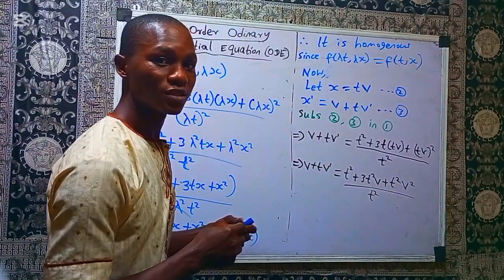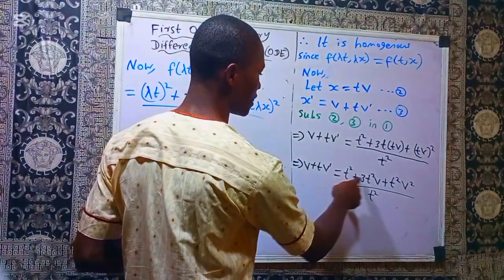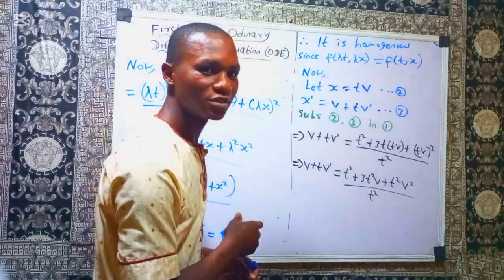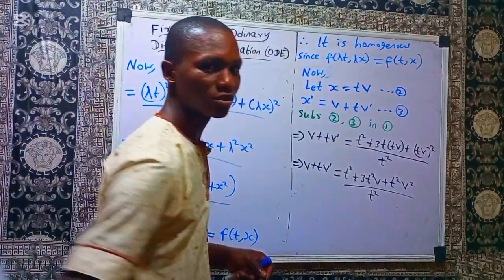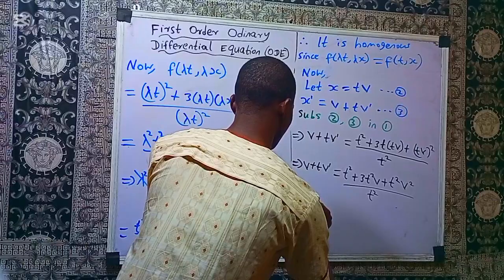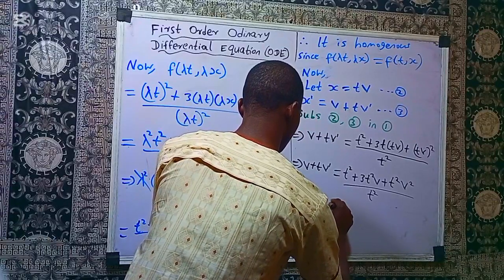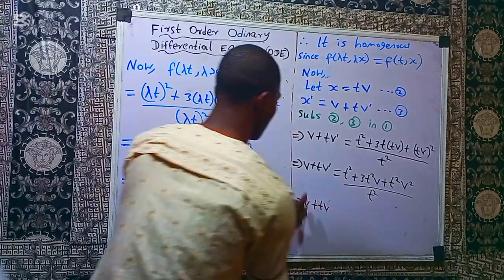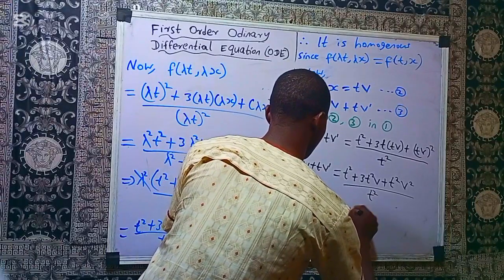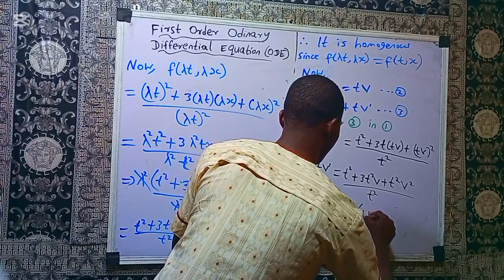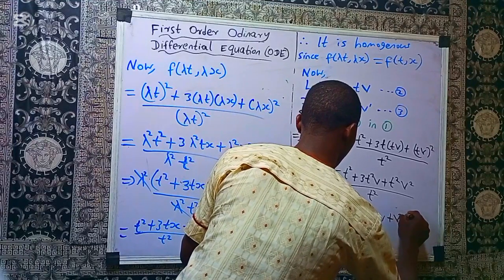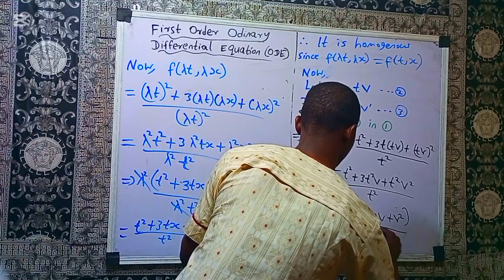What do you notice? t squared is here, here, and here. If you bring it out, it will cancel the t squared in the denominator. So we have v plus tv prime equal to, let's factor t squared, into 1 plus 3v plus v squared, all divided by t squared.